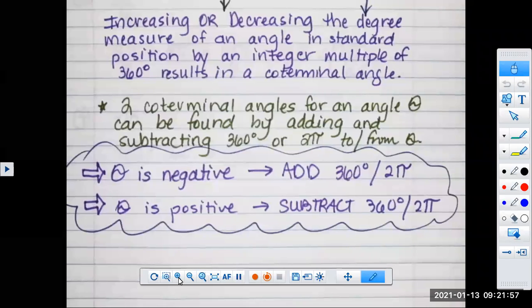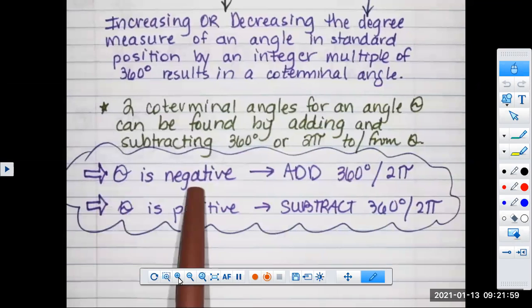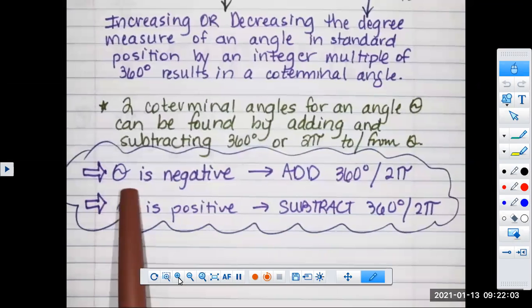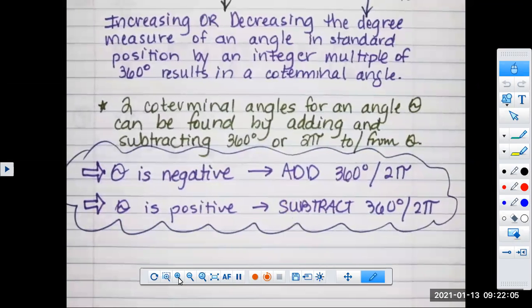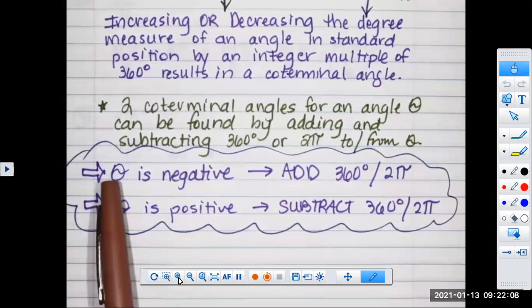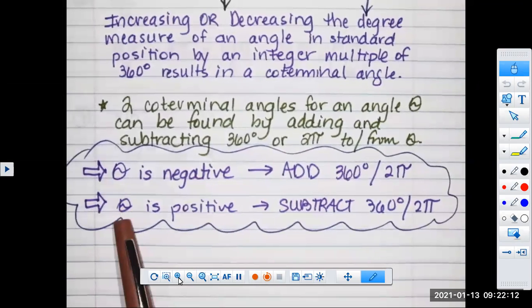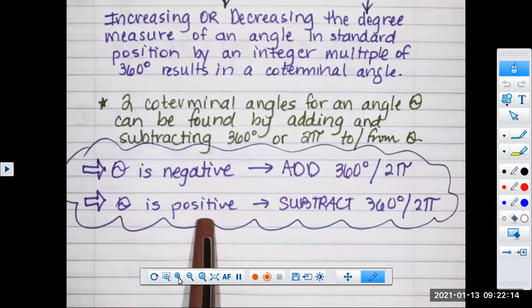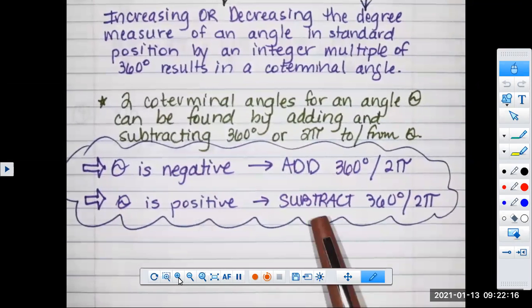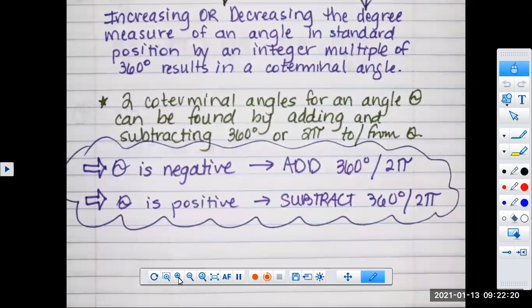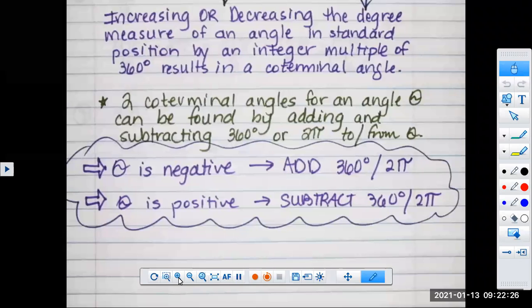So this is how you do it. If your angle is negative to begin with, then you find a coterminal angle by adding 360 or 2 pi. If your angle is positive to begin with, then you subtract 360 or 2 pi. Angle negative, you add. Angle positive, you subtract.